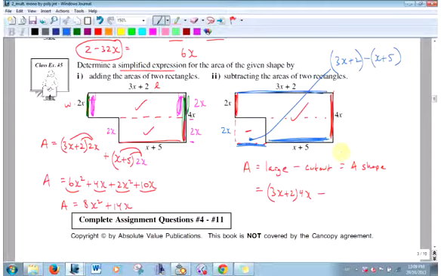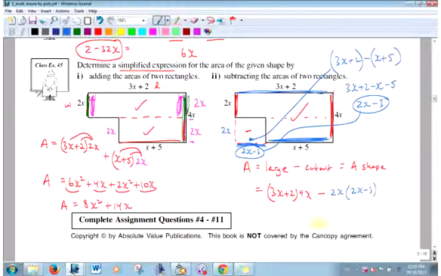I'm just minusing part of it, okay? So I got 3x plus 2 minus x. That's the only way this will be minus 5. You just have to do it. Try to remember that. 3x minus x is 2x. 2 minus 5 is minus 3. That's the length of this right here. So the area of this chunk that I have to subtract is 2x times 2x minus 3.